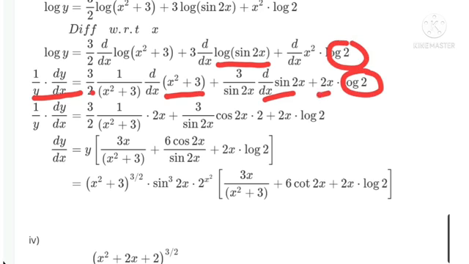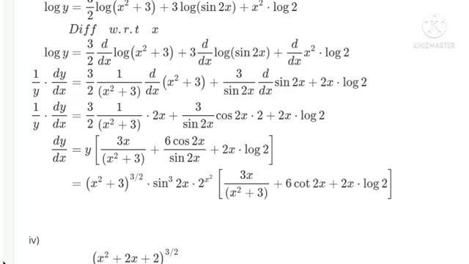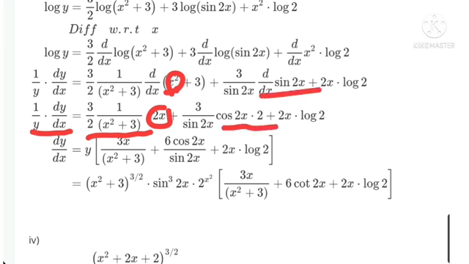Derivative of x square is 2x. So we get the next step, 1 upon y into dy by dx is equal to 3 upon 2 into 1 upon x square plus 3 into derivative of x square is 2x. Okay, 3 upon sin 2x into derivative of sin 2x is cos 2x into derivative of 2x is 2, and 2x log 2 as it is.